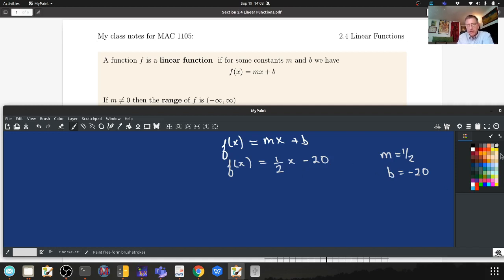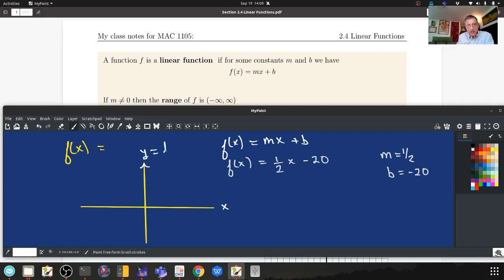Here are two other things I want to point out. Function notation: we often use f of x. f of x is equal to some mathematical expression with the variable x. In this case, x is the input variable, and it's the exact same x that we see when we have a graph. It's the same x that the axis denotes, and the vertical axis is usually considered the y-axis.